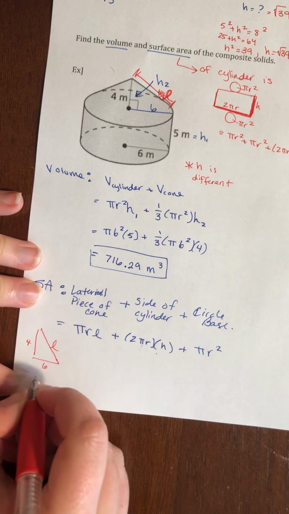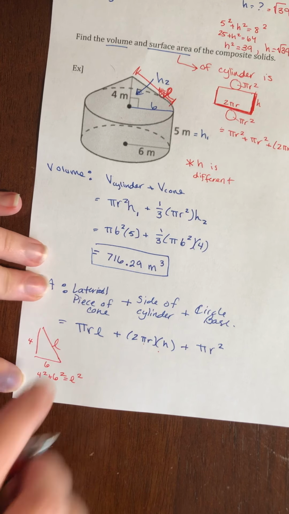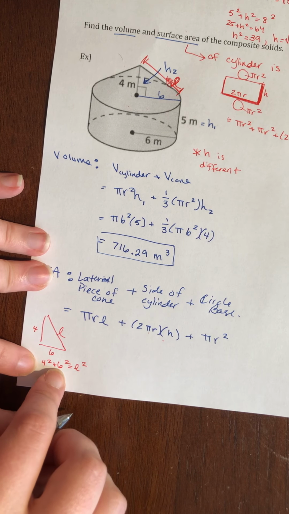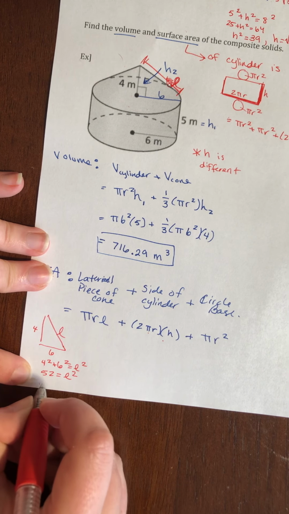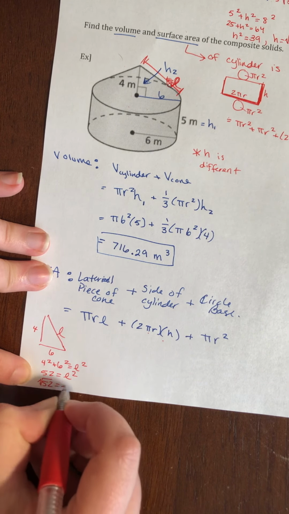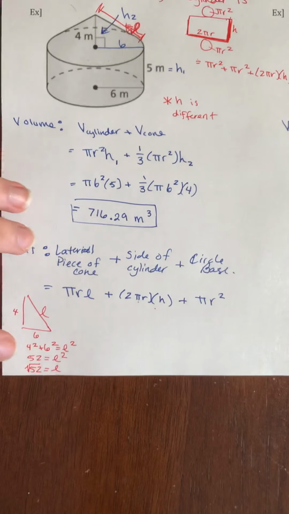Well, you'd have to do 4 squared plus 6 squared equals L squared. 4 squared plus 6 squared is 52. So L is the square root of 52. I'm just going to leave it like that because I want to write as few decimals as possible.